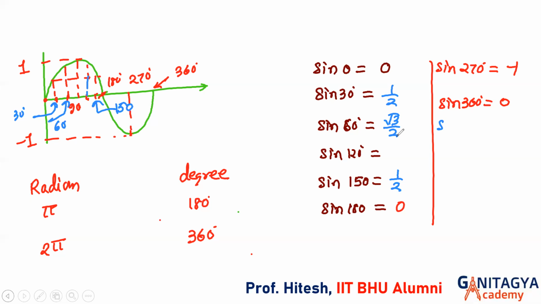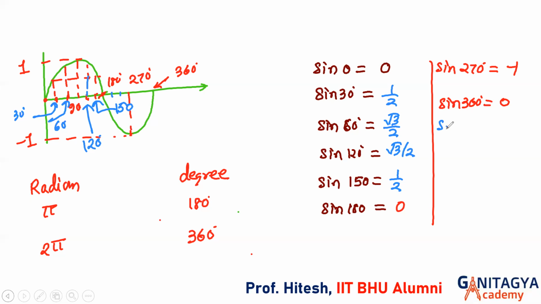So sine 120 is also the same, root 3 upon 2. Understood? Similarly, the same thing in the negative direction. After 180 comes 210, then 240.